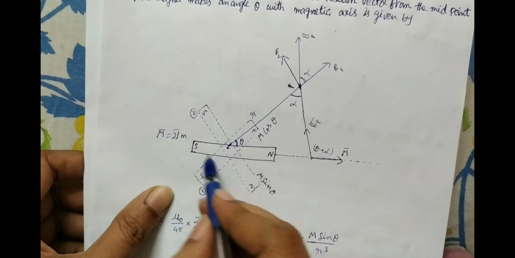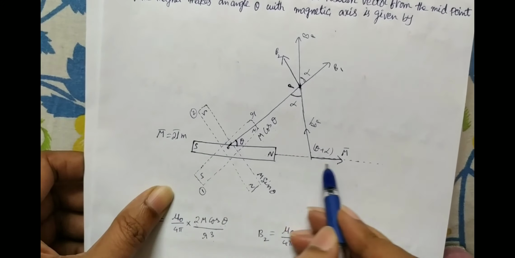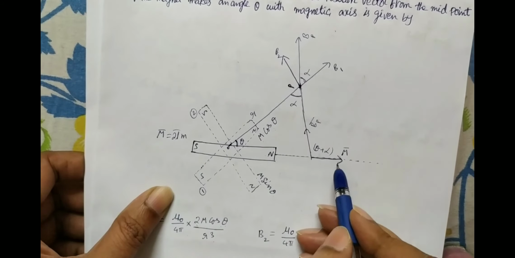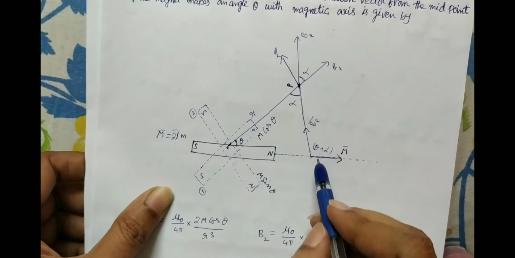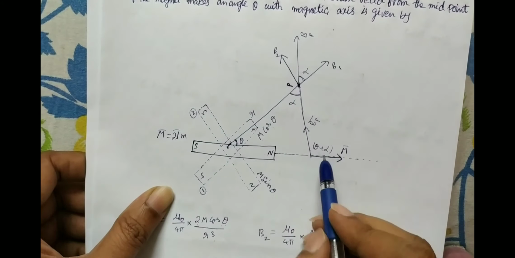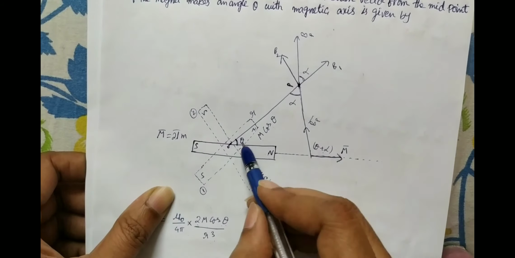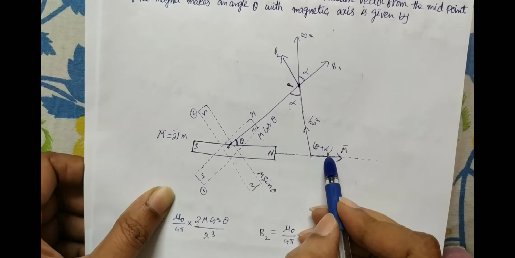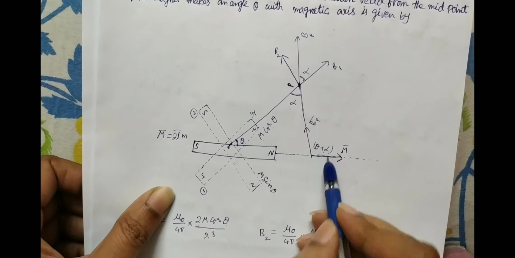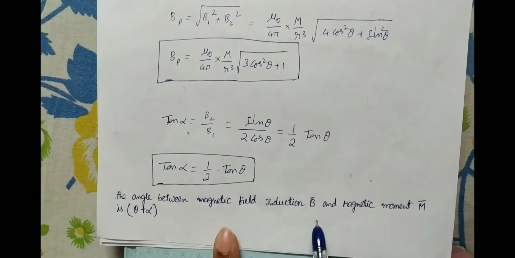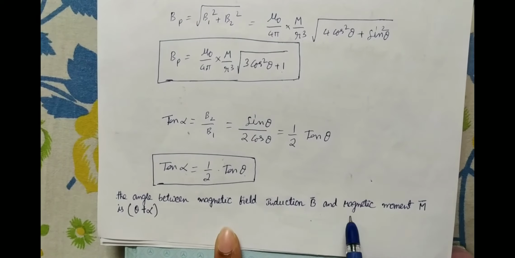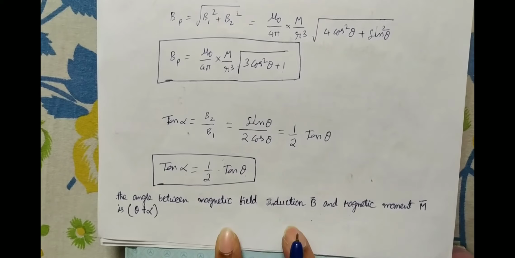And this is M bar, because it is always acting from south to north in this direction, and BP is acting like this, extend like this. You see BP direction is like this. So what is the angle between these two? Sum of interior angles is equal to exterior angle, that is theta plus alpha you get. So the angle between resultant magnetic field induction and magnetic moment is theta plus alpha.